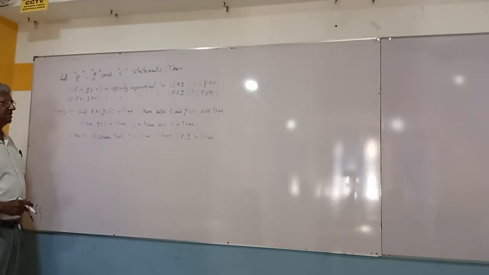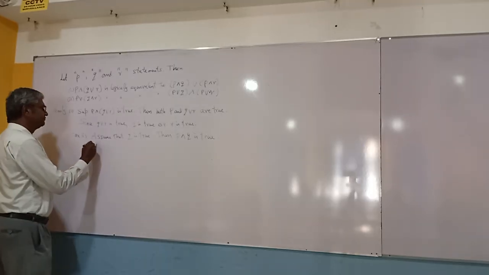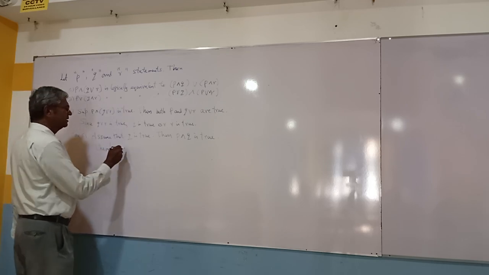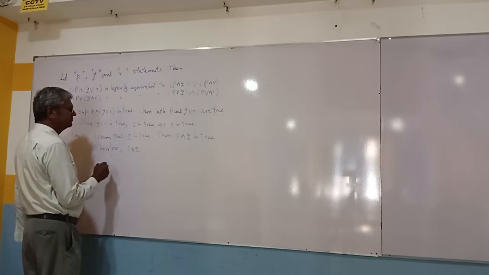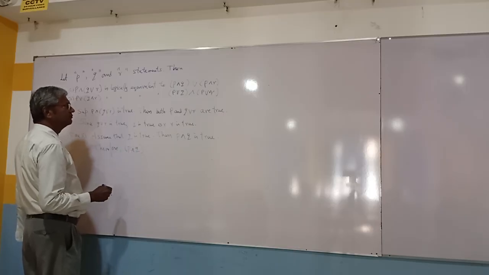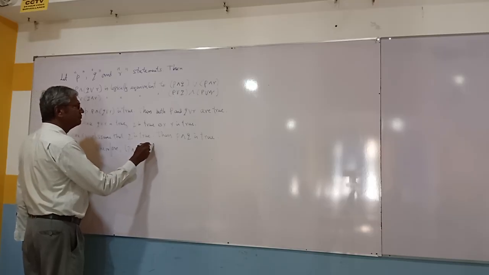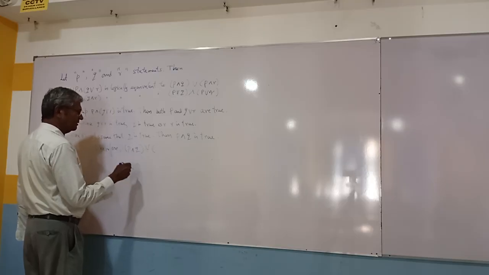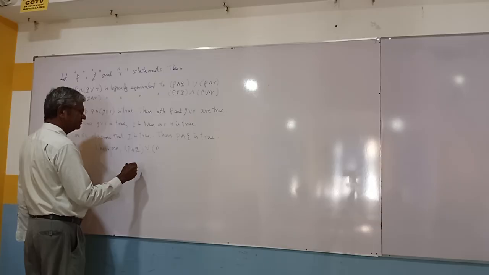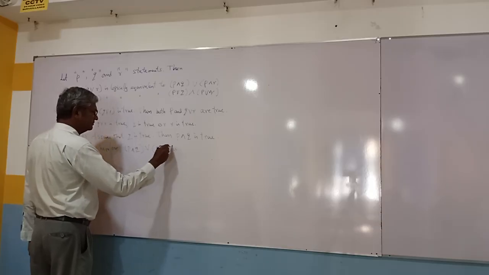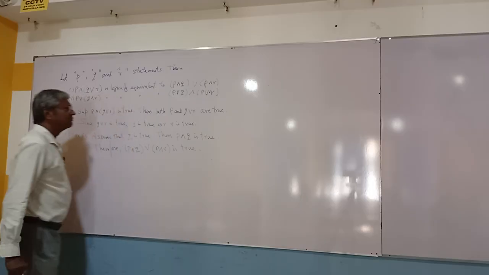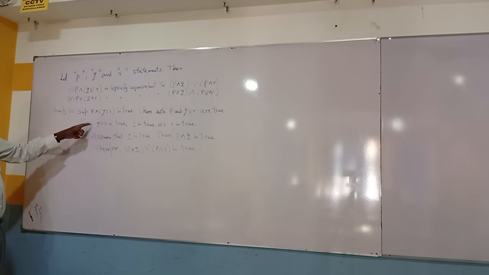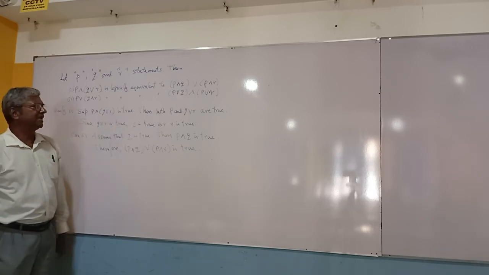Therefore, P and Q, or P and R is true. So in this one, assume Q is true, then P and Q is true, since over here we have said both P and (Q or R) are true.